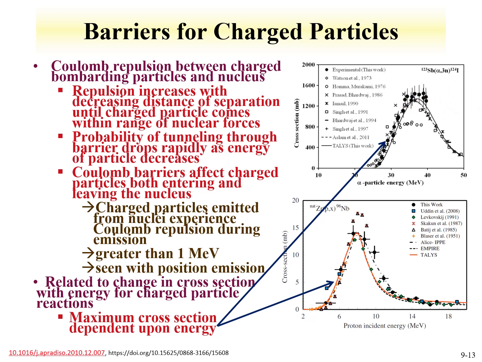So in the case of this reaction here, the antimony with an alpha particle, 3N out, and the iodine-124, an energy of around 35 MeV is the maximum, whereas for this reaction where we have a proton on natural zirconium making niobium-96, the maximum energy for this reaction at the highest cross-section, which is only around, let's say, between 15 and 20 millibarns, is at 8 MeV.